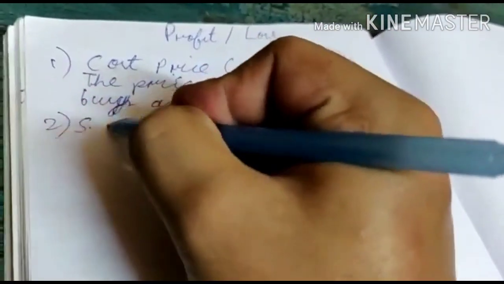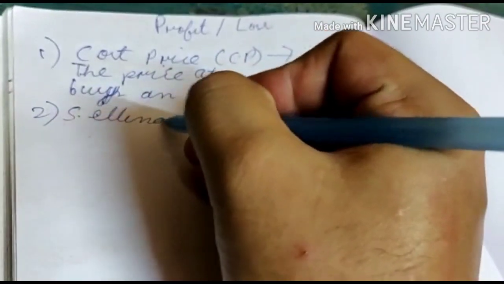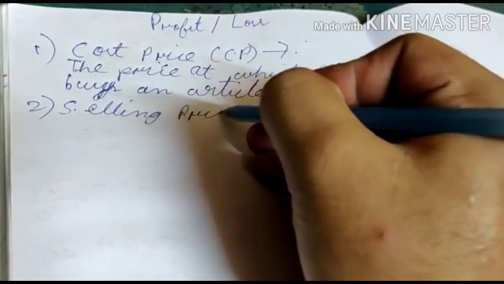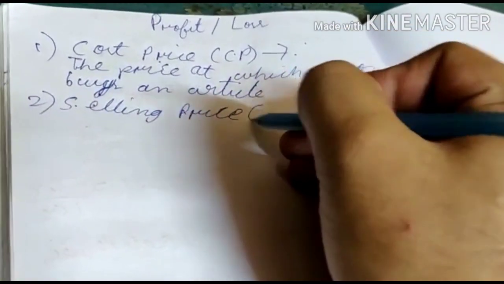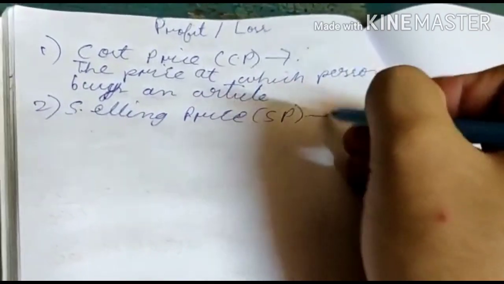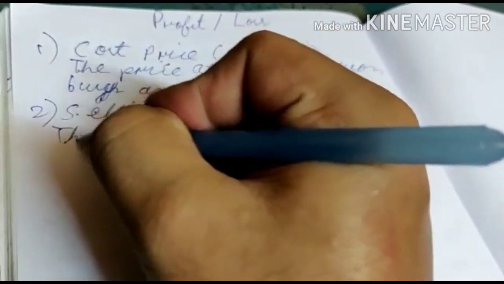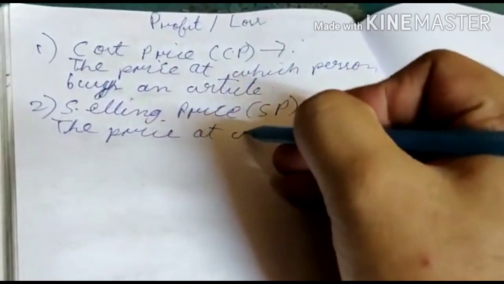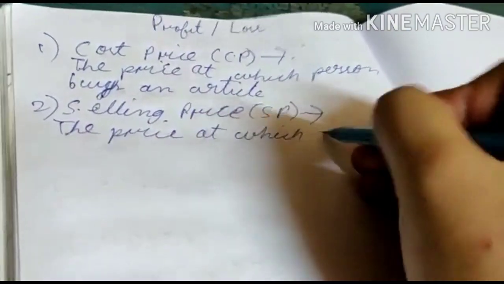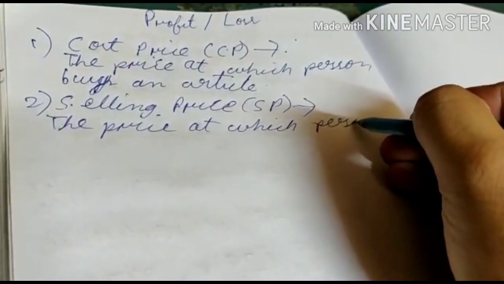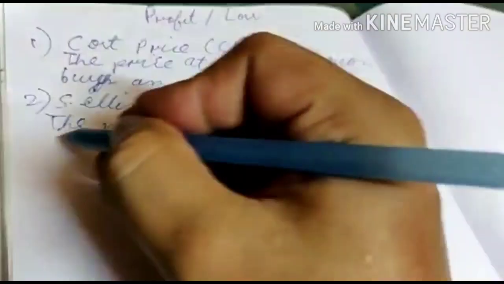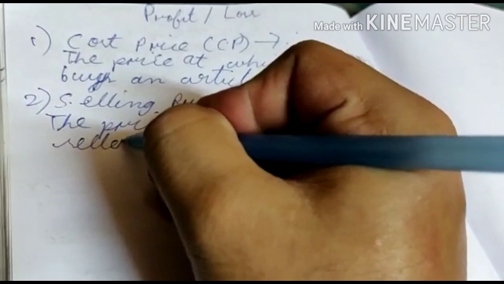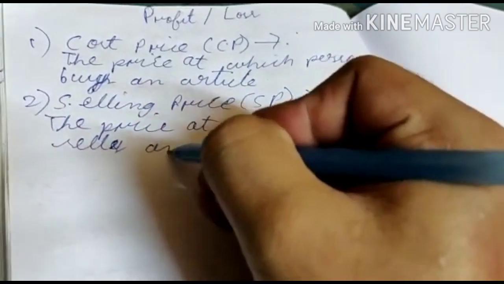Second point is selling price, that we call SP. What is it? The price at which a person sells an article.